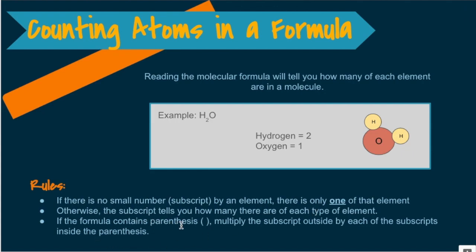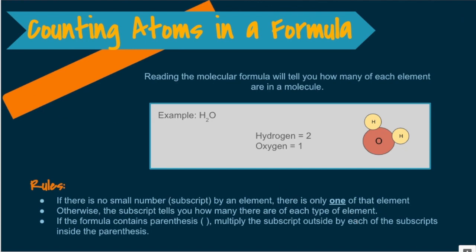If the formula contains parentheses, like with our polyatomic ions where we had to put parentheses around the chemical formula, we need to multiply the subscript outside of the parentheses by each of the subscripts inside the parentheses. So the key thing is to multiply each of them. You do the distributive property that you learned in math class in order to calculate how many of each of the elements are in the molecule.